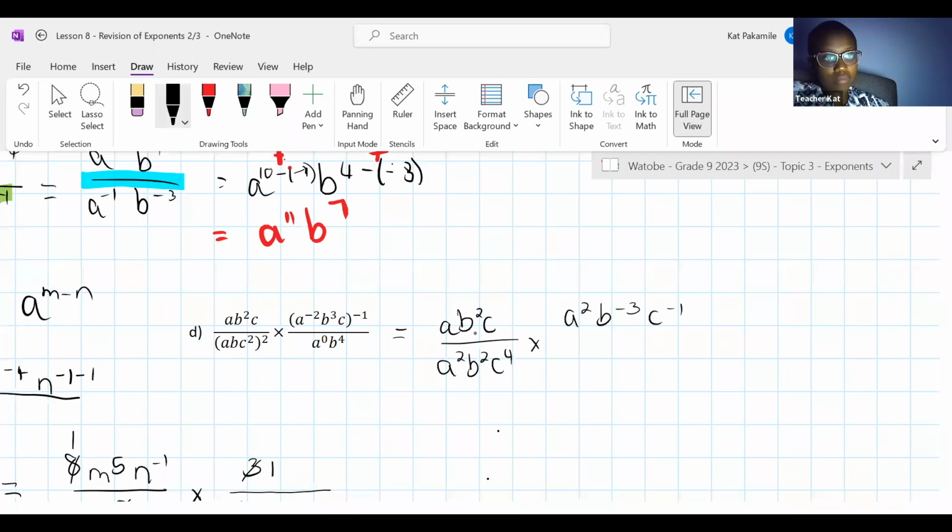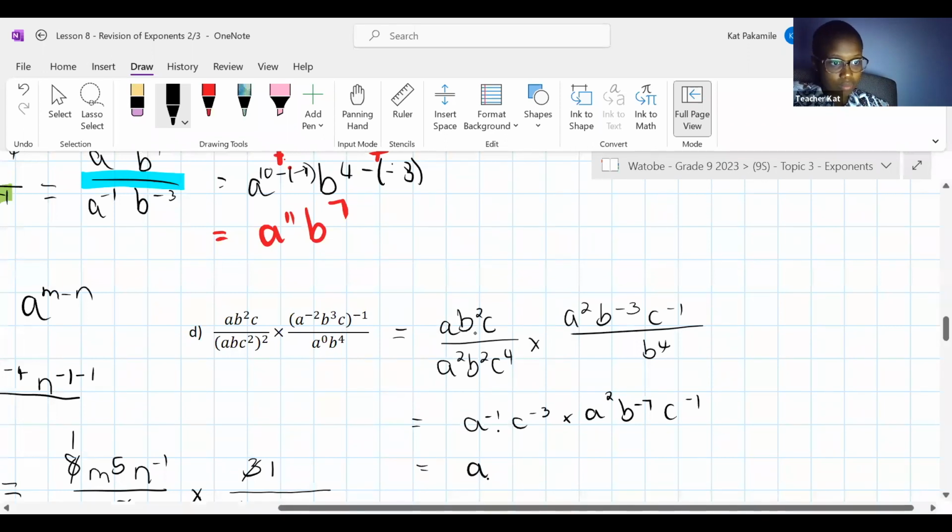And then I said A to the power of -1 and C to the power of -3 times A squared and B to the power of -7 and C to the power of -1, and that gave me a total answer of A and then B to the power of -7 and C to the power of -4.